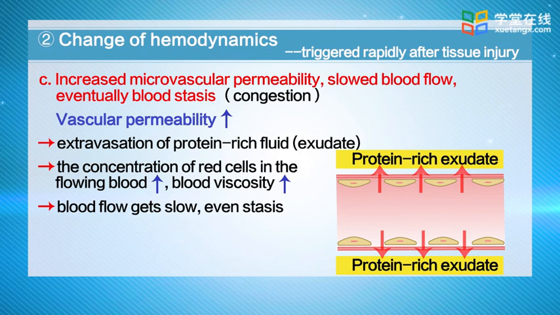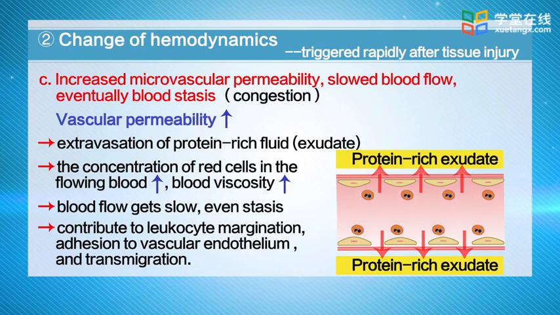As the blood flow becomes more sluggish, leukocytes migrate from the center towards the periphery of the blood vessel and accumulate along the vascular endothelial surface. This process is called leukocyte margination. Marginated leukocytes adhere to the endothelium, facilitating their transmigration into the interstitial space.